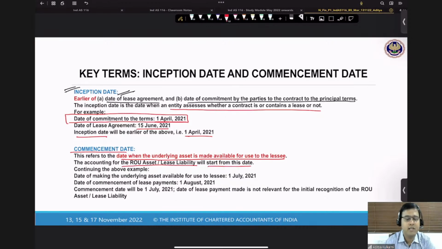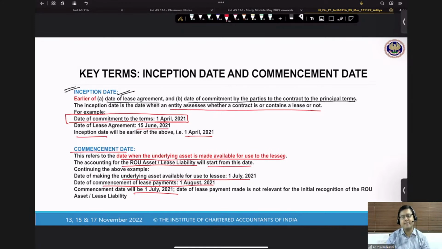Continuing the above example, the date of making the asset available for use is 1st July 2021. Commencement of lease payments will happen from 1st August. So the commencement date is not 1st August, it is going to be 1st July. See, a lease payment is just a discharge of lease liability. Look at the substance.